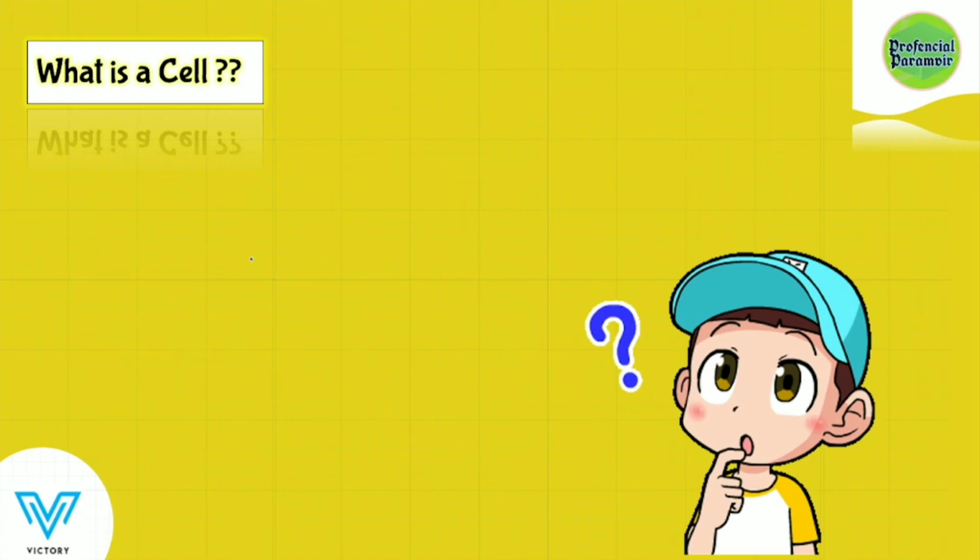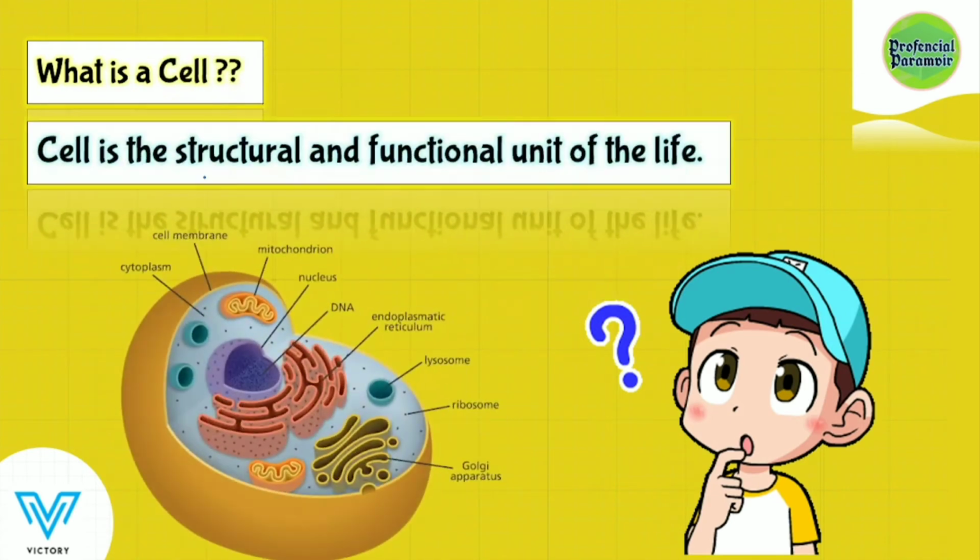So guys, what is a cell? A cell is a structural and functional unit of life. What is meant by structural and functional? You are seeing this cell. This cell is in proper structure.